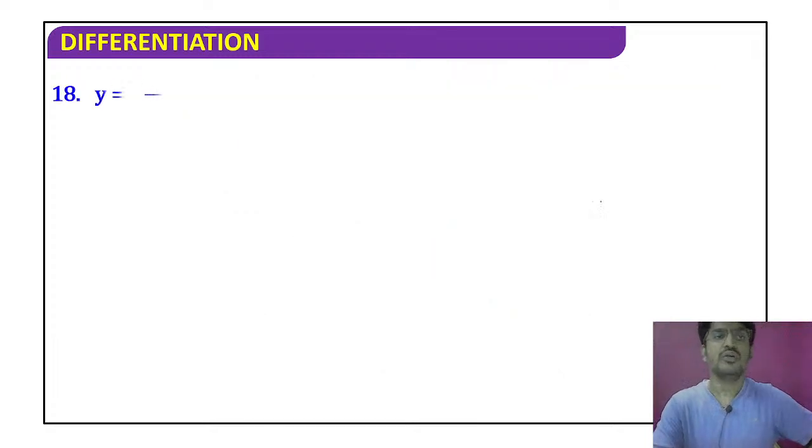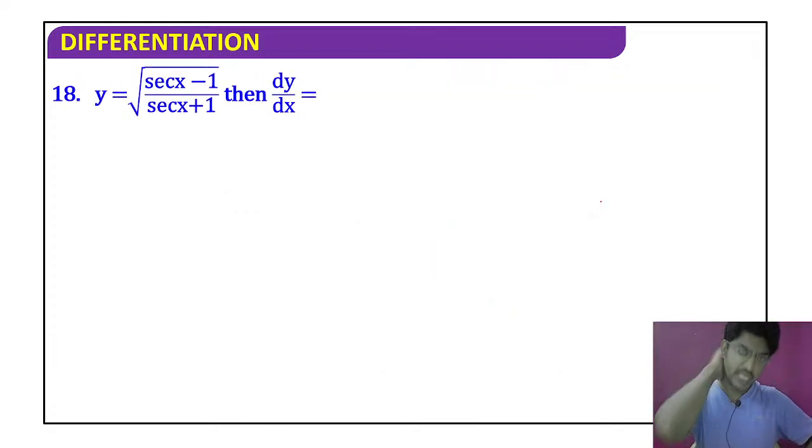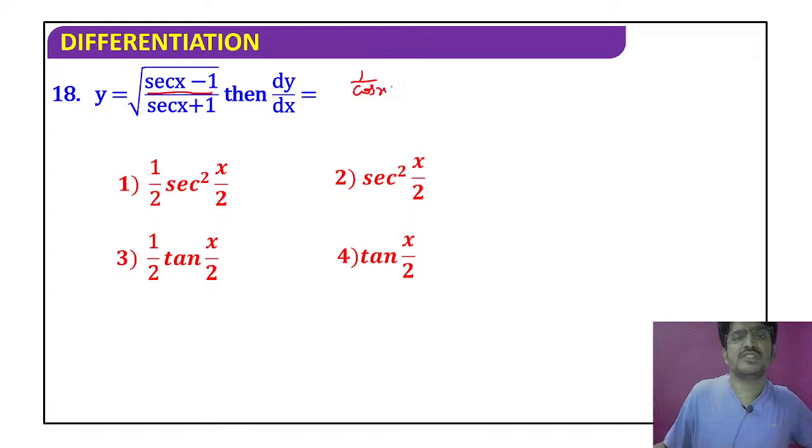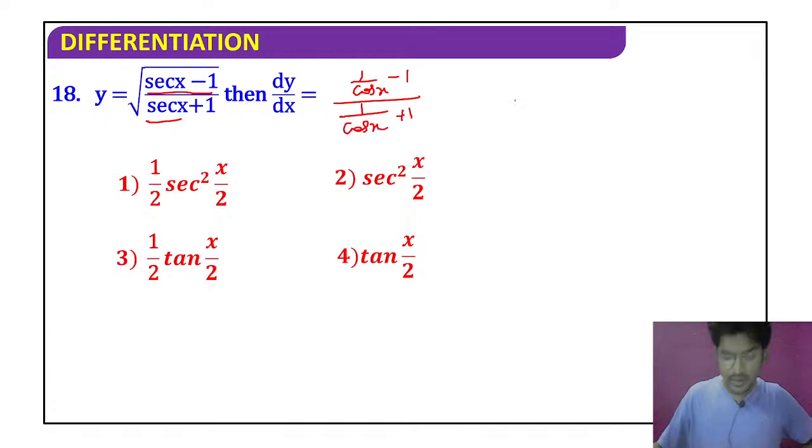So now we can go for problem number 18. For problem number 18, I will give you the hint. This term can be written as 1 minus cos x, and this term can be written as 1 by cos x plus 1.